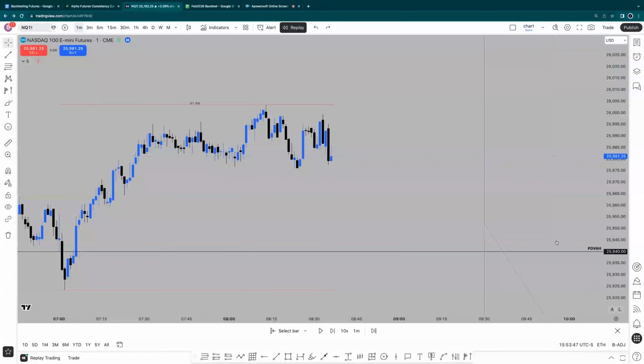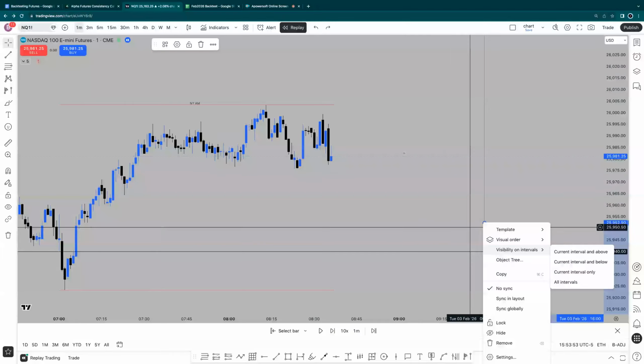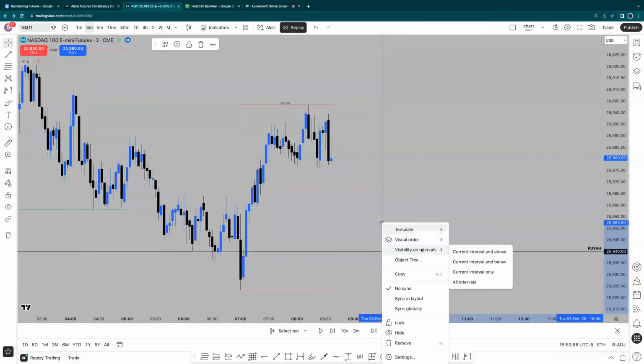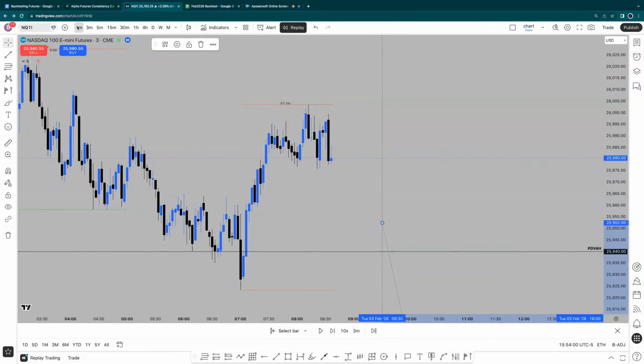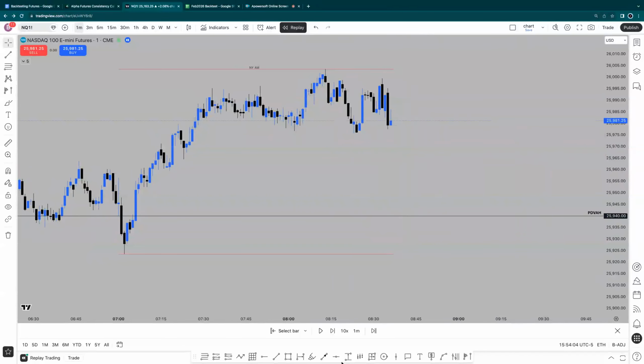Don't even know if you can, to be honest. What I'll do is I'll only make that visible on the 3-minute, so that when I'm on the 1, it doesn't show up. Okay, so yeah, we're going to look for a trade off this previous day's high if we can.